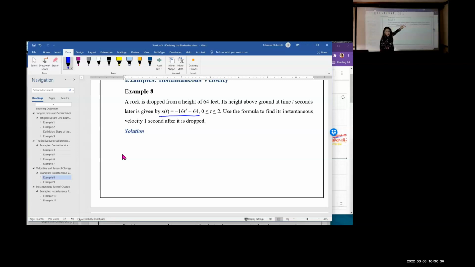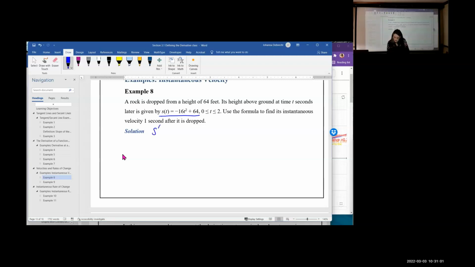There's no middle term because the initial velocity was 0. If the initial velocity were not 0, we would have a t term and the coefficient of it would be the initial velocity. Note that it is negative here because we're calling up positive and down negative, and the rock is going to fall, so the distance is going to be negative as it falls. So we're going to use the formula to find the instantaneous velocity 1 second after it's dropped.